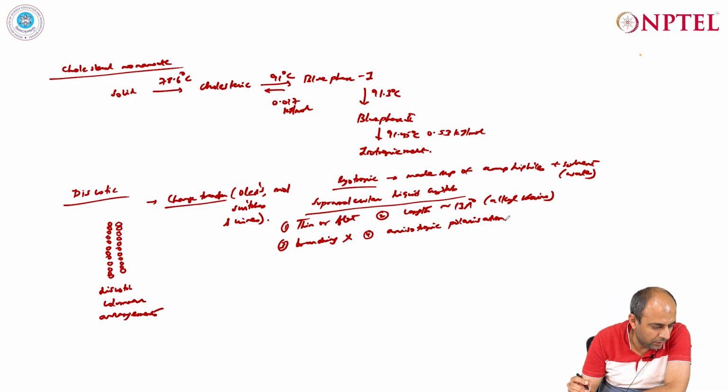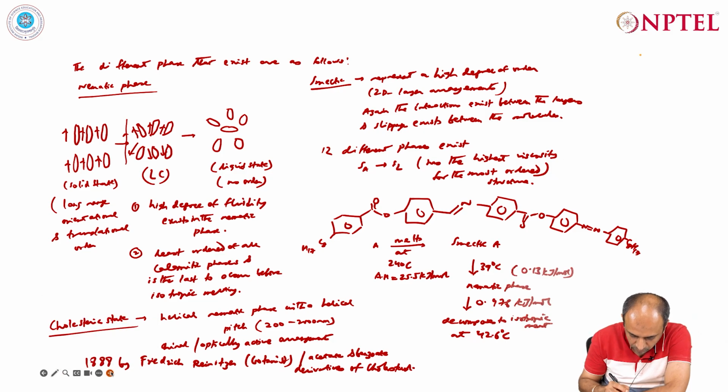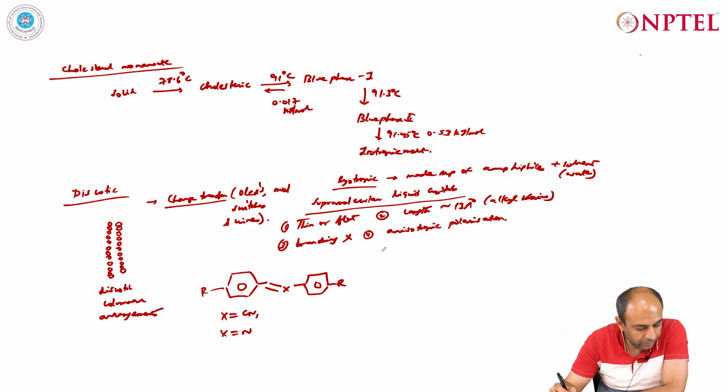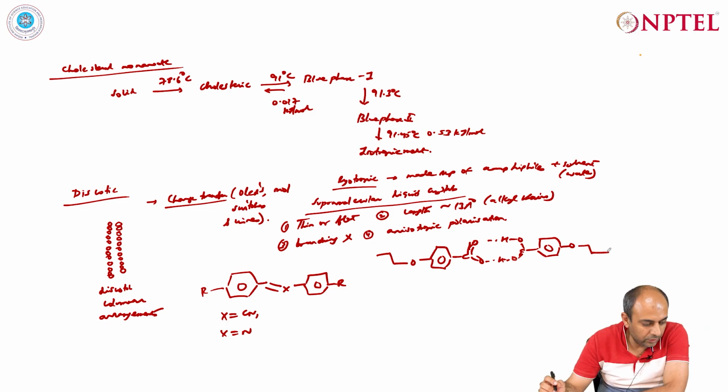So we can take examples of these. For example, we can have Rx is equal to Cn, Rx is equal to N. Okay, then we can have the hydrogen bonded, this is the hydrogen bonded dimer.